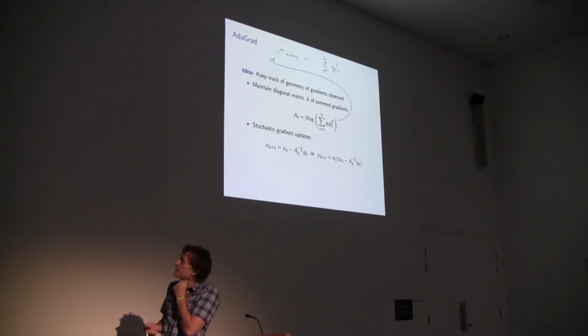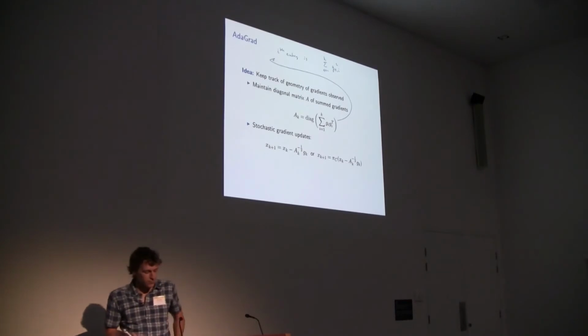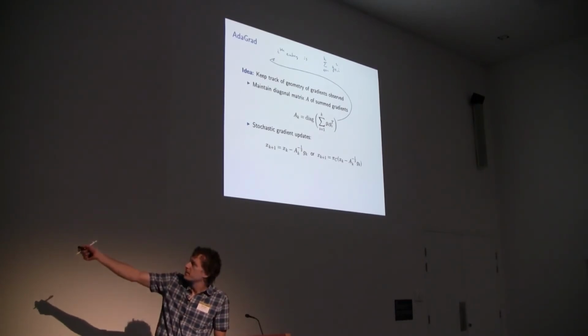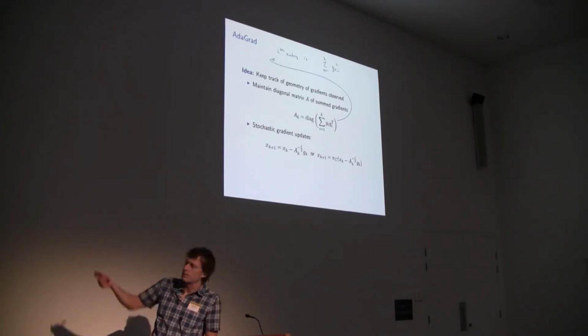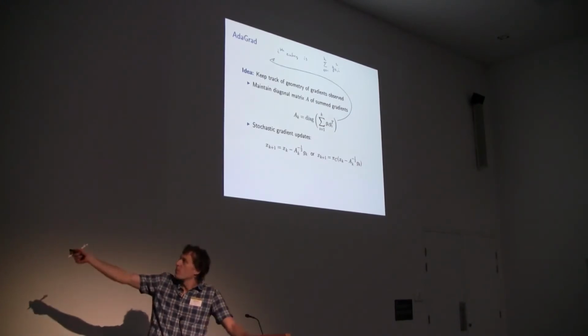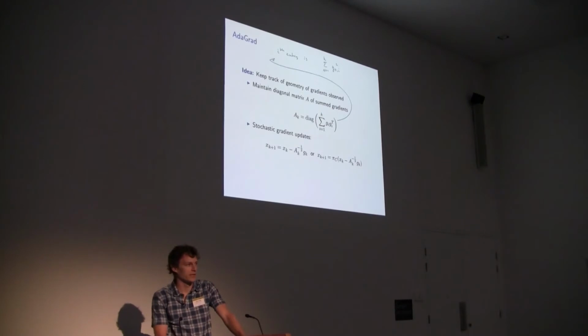And then instead of doing the classical stochastic gradient iteration, I'm going to rescale my gradients by this matrix to the power of -1/2, which turns out to be the right power. Basically I scale in a way inversely proportional to the number of times the gradients have appeared.